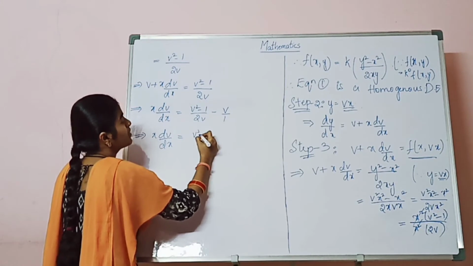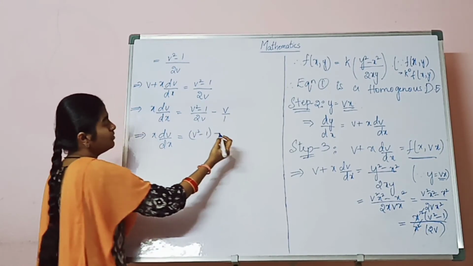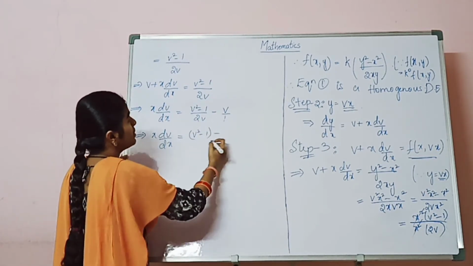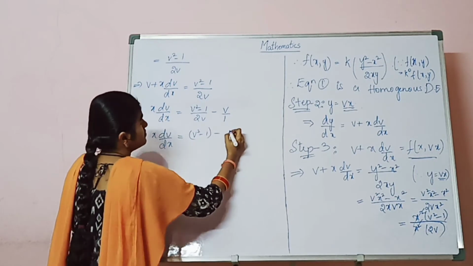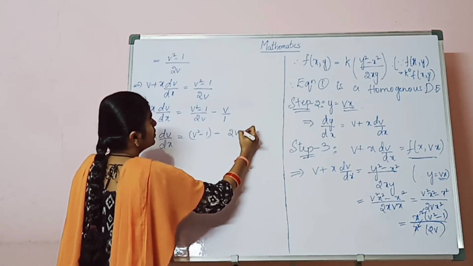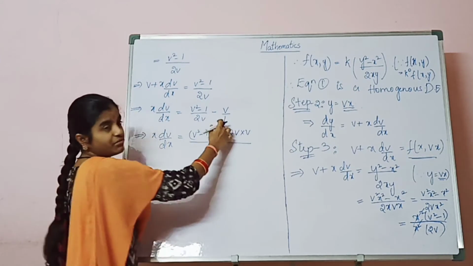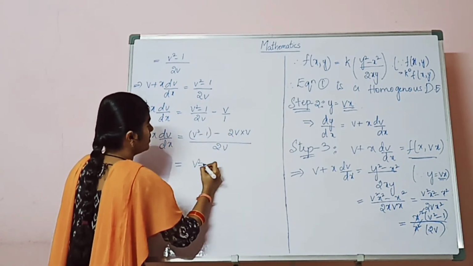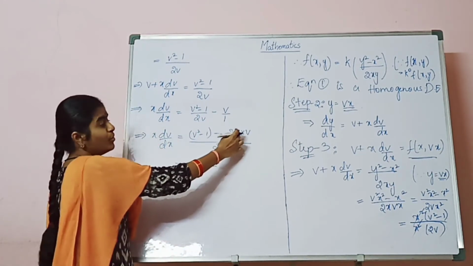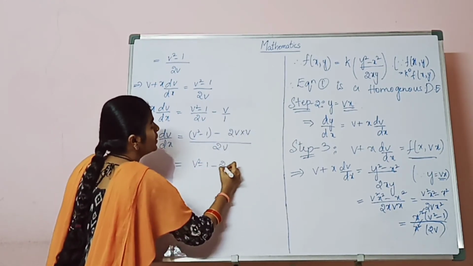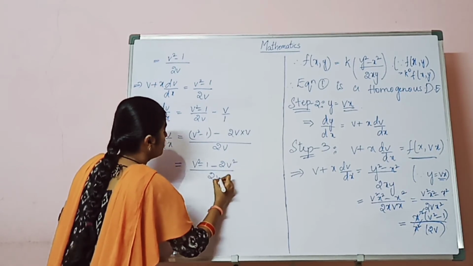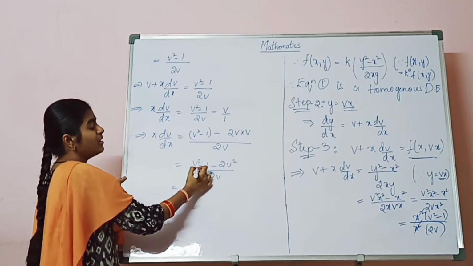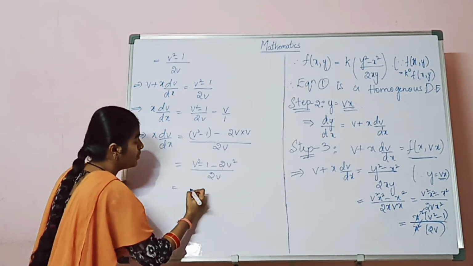So v square minus 1 minus 2v into v by 2v equals v square minus 1 minus 2v square by 2v equals, here v square plus v square minus 2v square, what we will get?